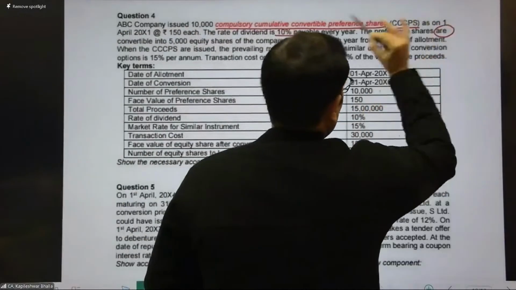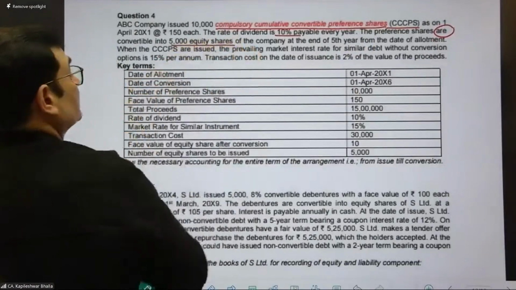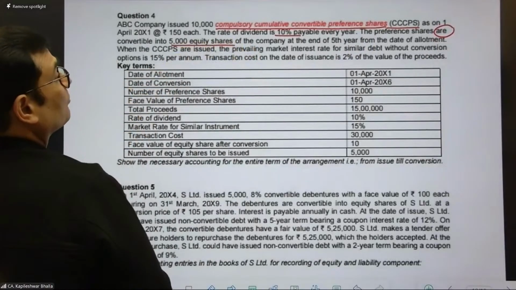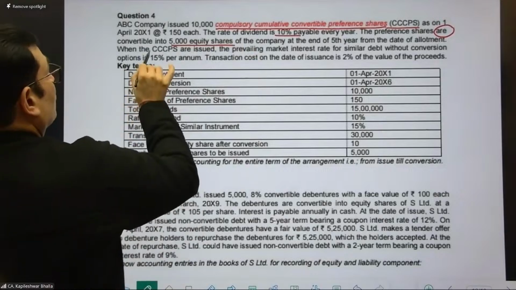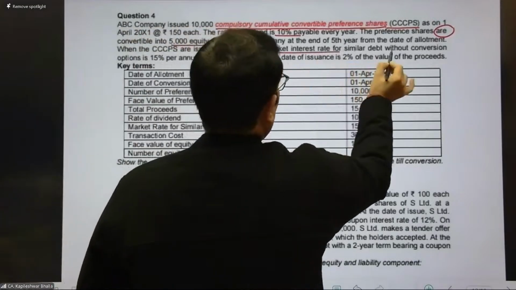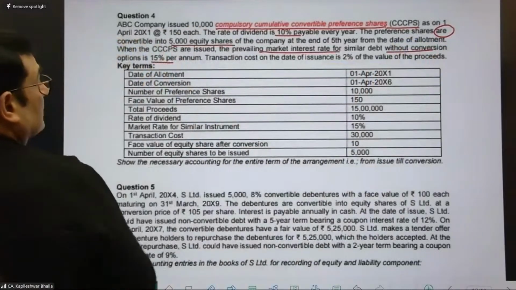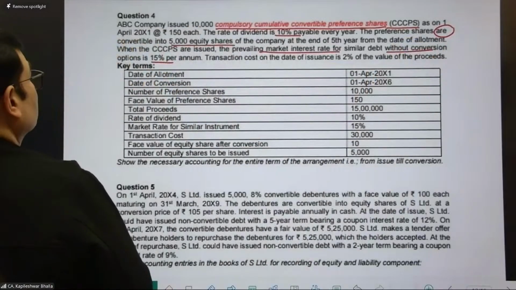So when it says they are convertible, it's compulsory convertible into 5,000 equity shares at the end of 5th year from the date of allotment. When the triple CPS are issued, the prevailing market rate for similar debt without conversion is 15%. So the coupon rate is 10%, but without conversion is 15%.